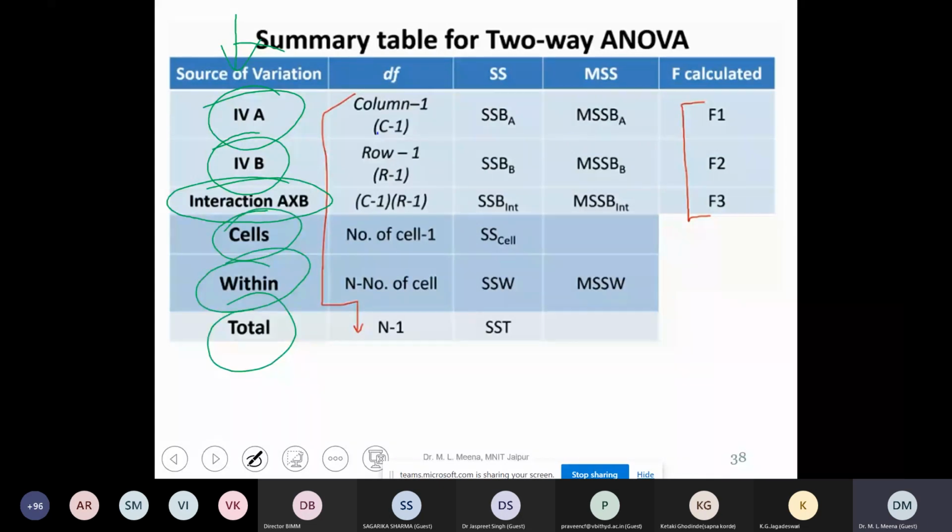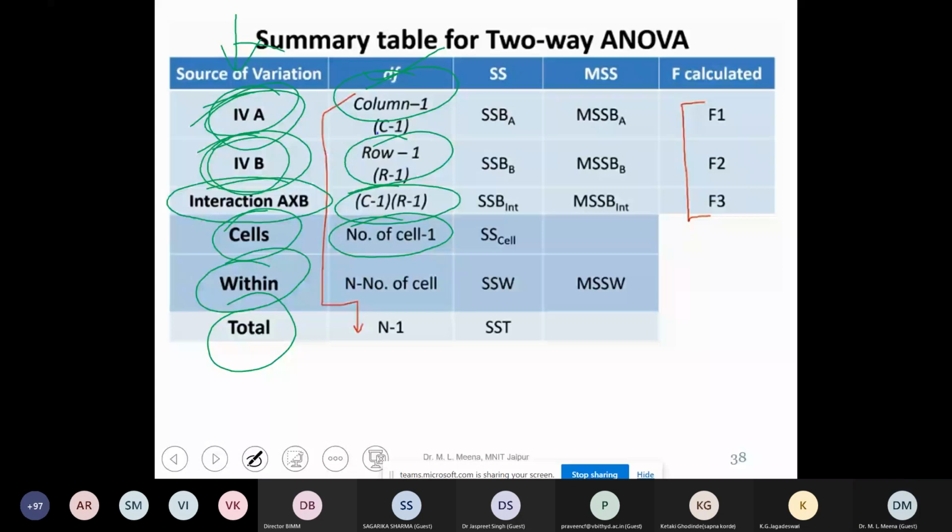We find the degrees of freedom for the factors: for independent variable A, it is columns minus 1, and for independent variable B, it is rows minus 1. So this is the summary table for two-way ANOVA. Then sum of squares, mean sum of squares. So we find these values calculated.